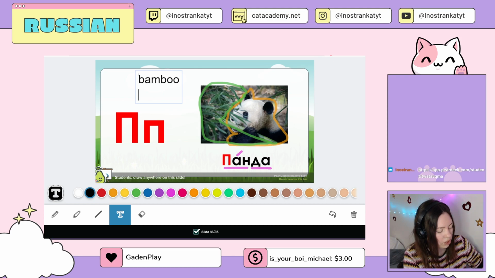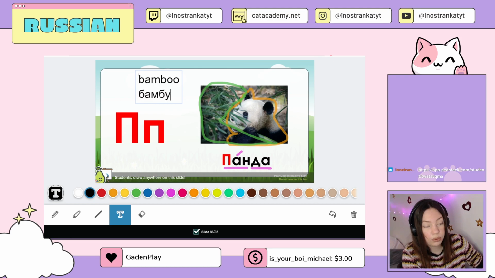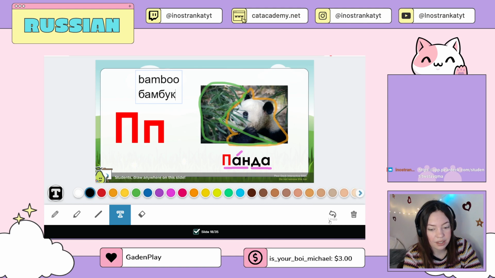And in Russian language, we also add another letter, k: bambuk. So this is one pretty regular picture, but you already know two words without even learning Russian. It's quite nice, isn't it?